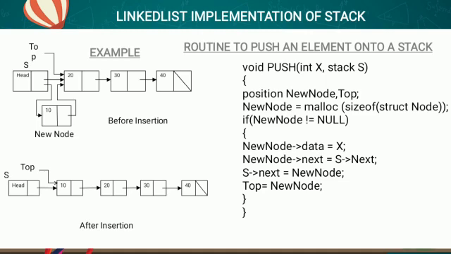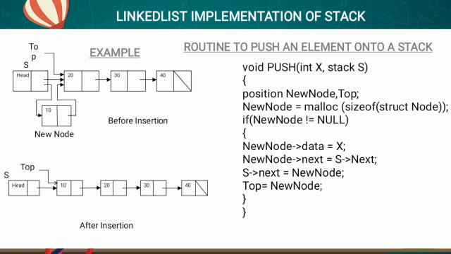Now let's see the routine to push an element into the stack. It is the process of inserting a new element at the top of the stack. With linked list implementation, a new element is always inserted at the front of the list, that is S of next. It takes two parameters X and S, that is the element X to be inserted at the top of the stack S. Here first we allocate memory for the new node by using the malloc function.